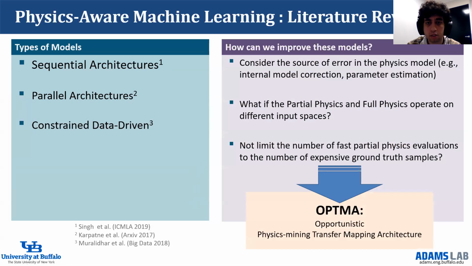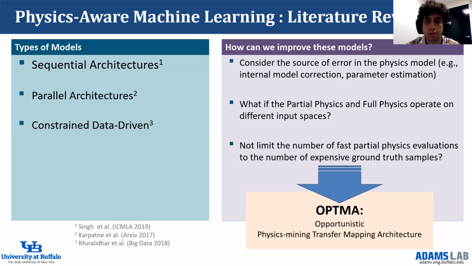So all of these models are good, and definitely we are not trying to say that what we are trying to do here is completely optimal every time. But what we are trying to say is, let's look more at the source of error. Let's look a little more at the physics, even when we are making the architecture.